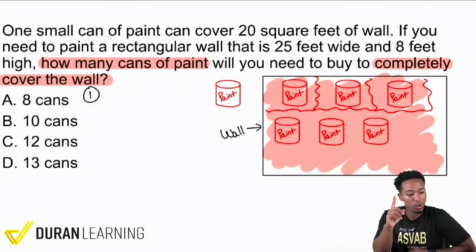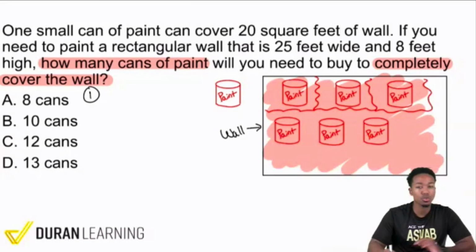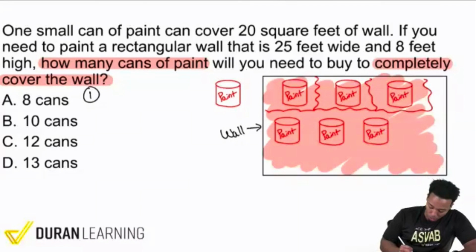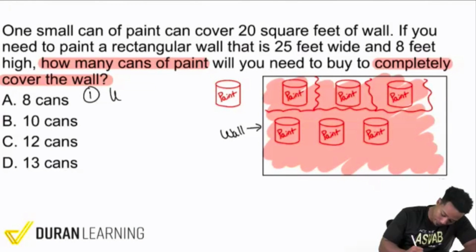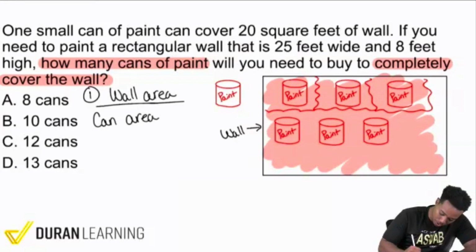So the goal of the problem here is to divide the wall area by the can area.